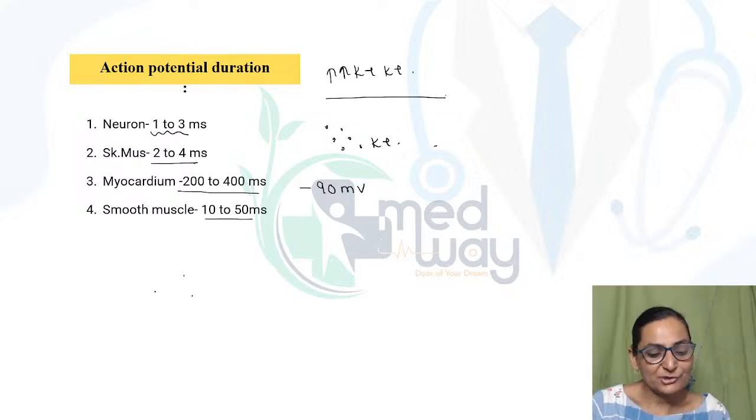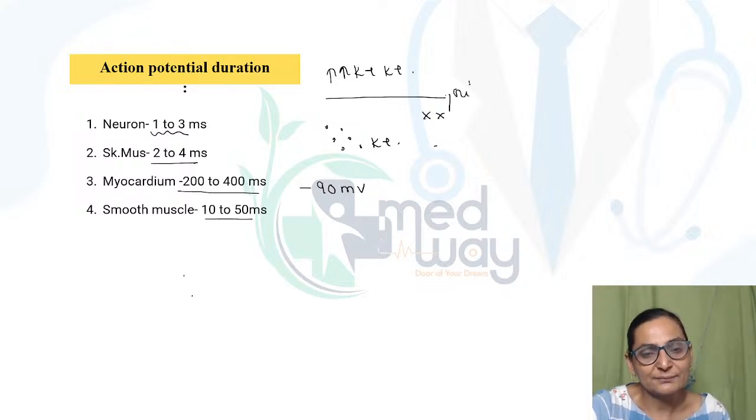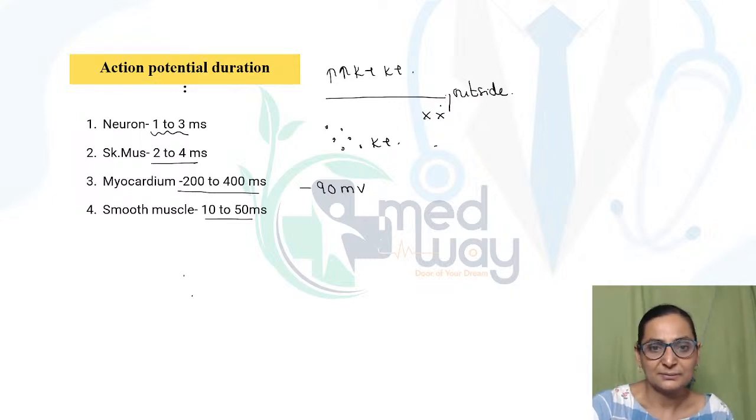If the potassium is already more outside, this potassium will not go outside. There is no need, there is no concentration gradient, so it will not go. So this potassium will remain inside and will create positivity.